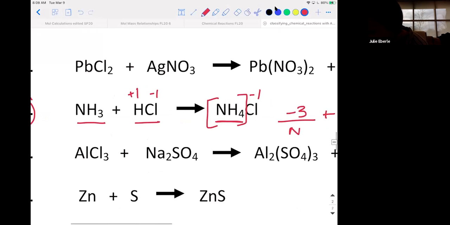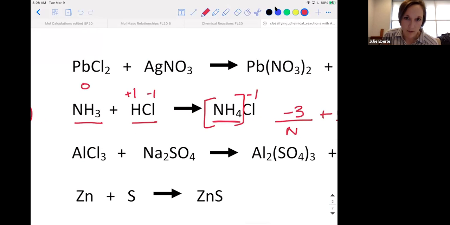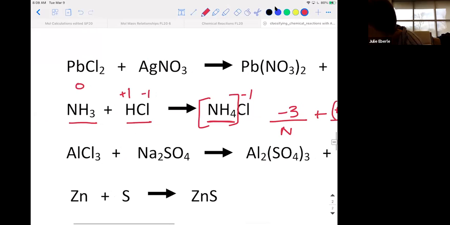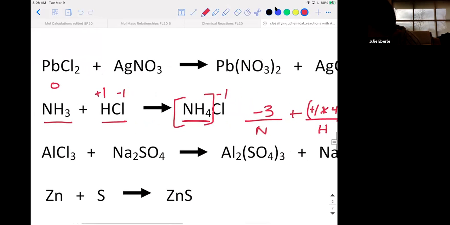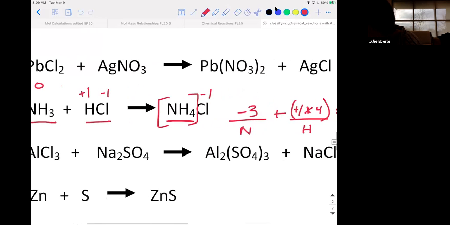So over here, the oxidation numbers have to add up to 0 because it's not a polyatomic, okay? So on this side, it has to add up to 0. So I think we have this just a bit backwards, actually. Sorry, I'm going to erase this.